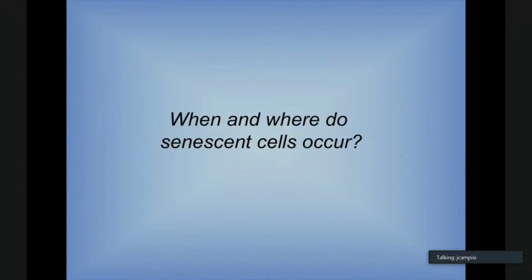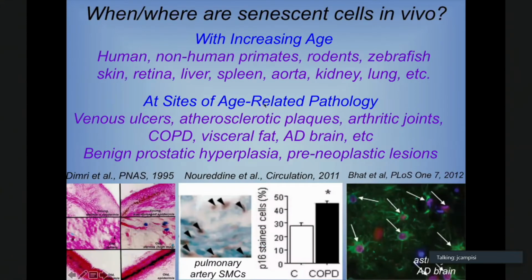And doing that, many labs have now used combinations of these markers to ask when and where do senescent cells occur. And all of you probably know this, but they're seen in two physiological contexts. The first is they increase with age. And to my knowledge, this has been shown for virtually every vertebrate species that has been examined.